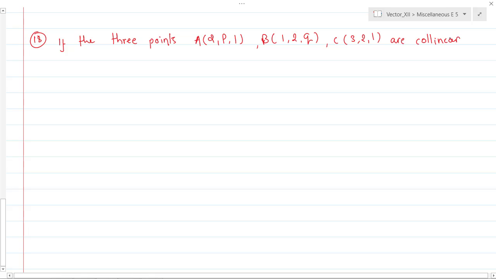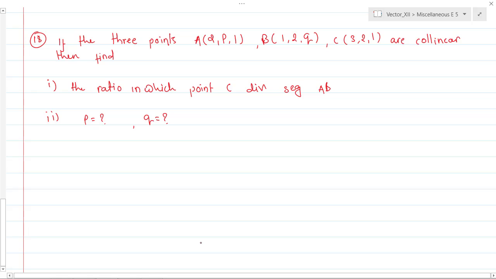Okay, very good. Next, question 18. If the 3 points A(2, P, 1), B(1, 2, Q), C(3, 2, 1) are collinear, then find, first part, the ratio in which point C divides segment AB, and the second part, the values of P and Q. So P is equals to what and Q is equals to what.